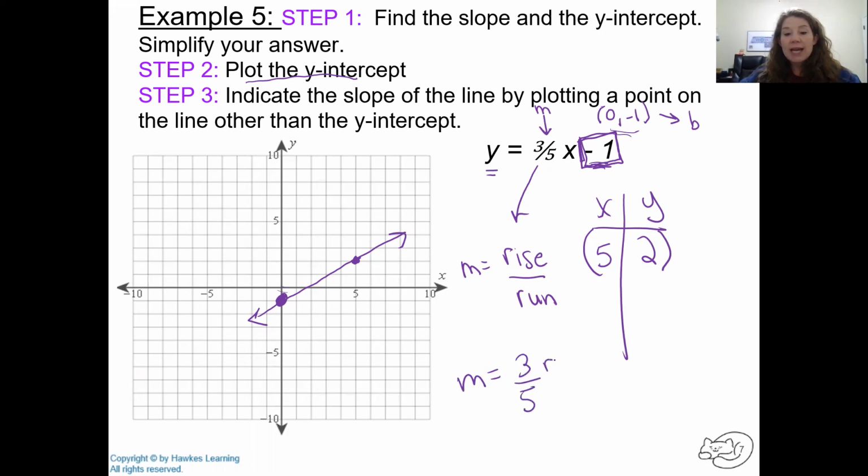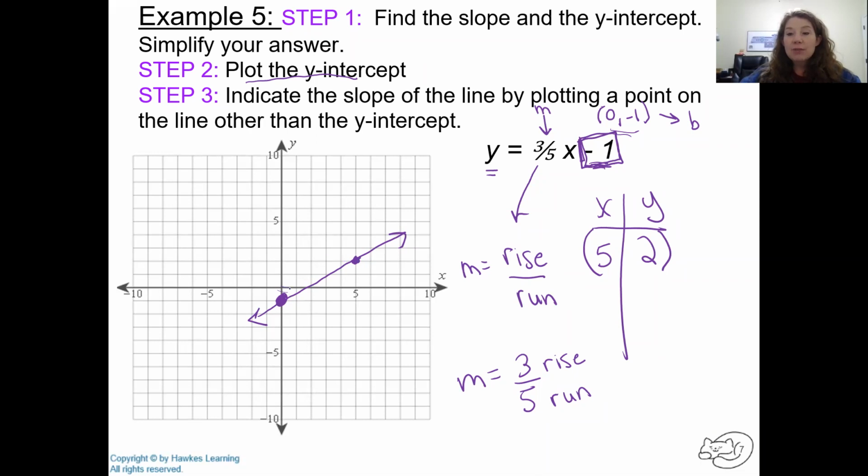So we would rise 3 and run 5. From our y-intercept, I can go up 3, 1, 2, 3, and from there, I'm going to run right 5: 1, 2, 3, 4, 5, and that's the dot that I wrote, okay?